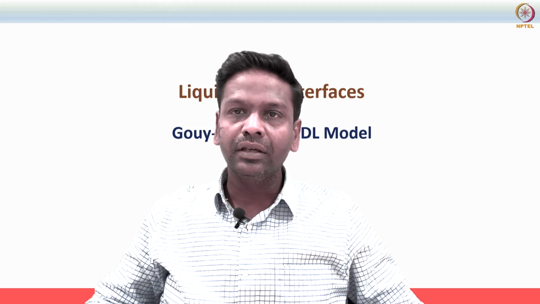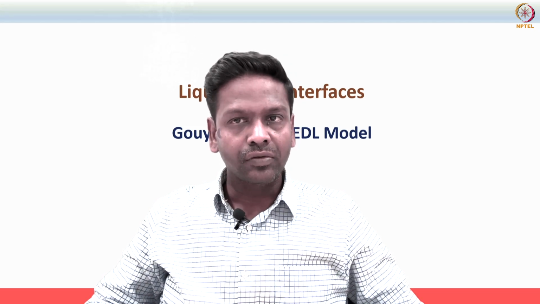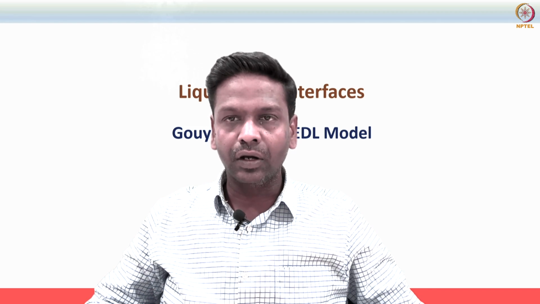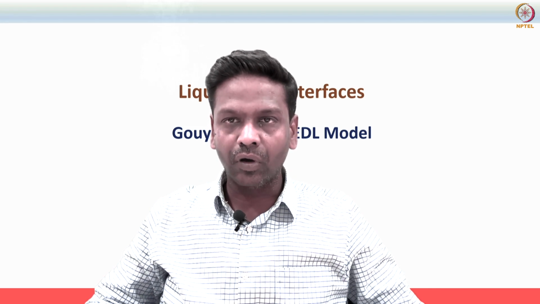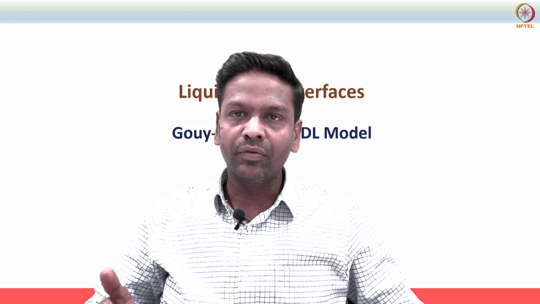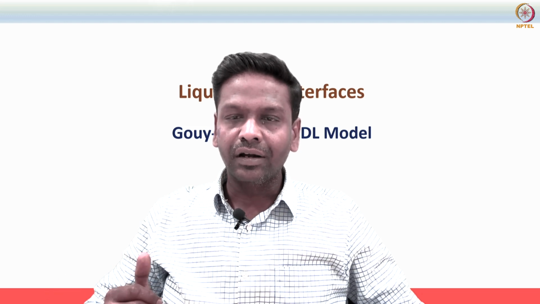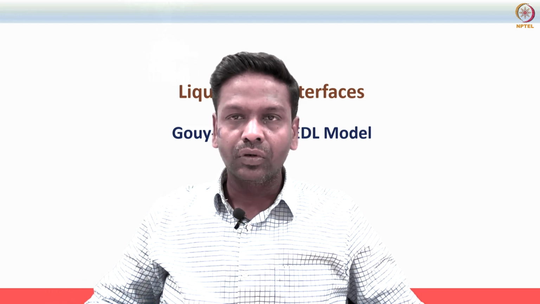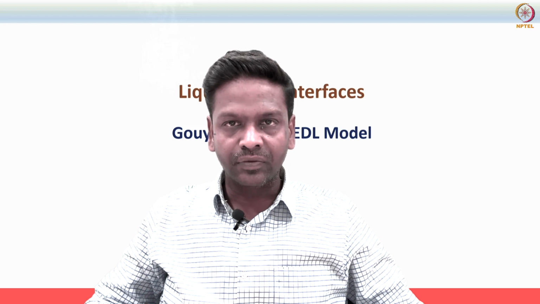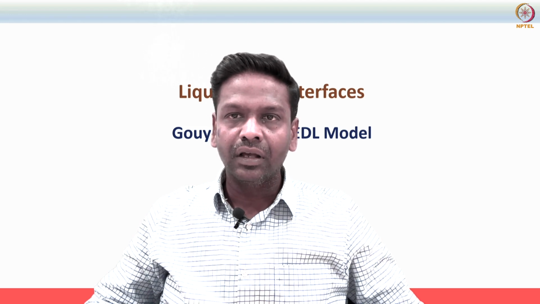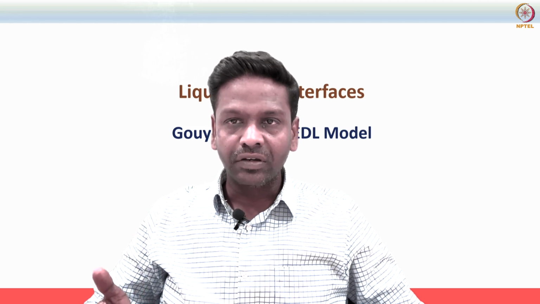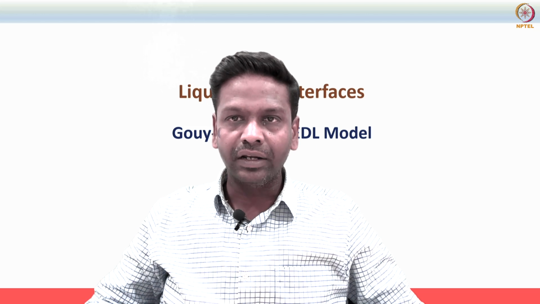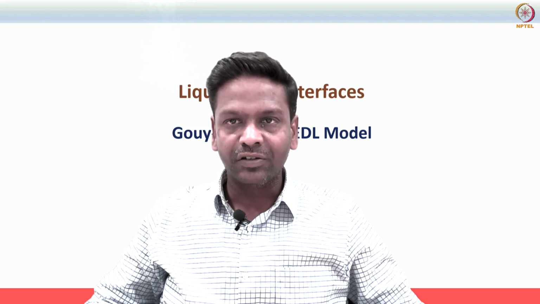We will also look at the Gouy-Chapman electrical double layer model, which is an improved version of the electrical double layer model. We will look at the shortcomings first, and then we will see the Gouy-Chapman model in this video lecture. Okay, let's begin.